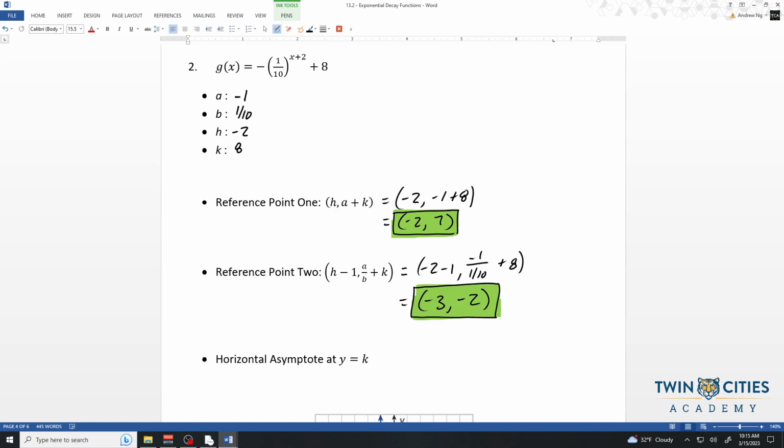Okay, then horizontal asymptote, y equals k. So this will be y equals 8.